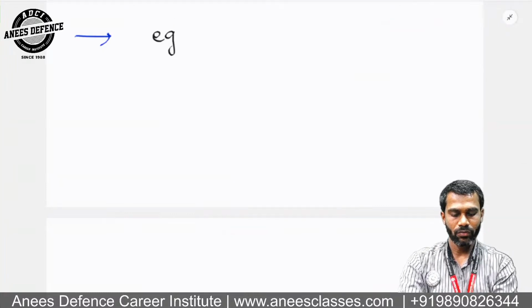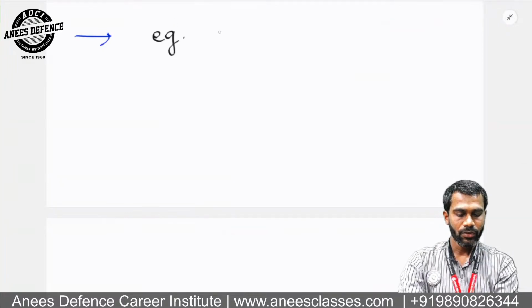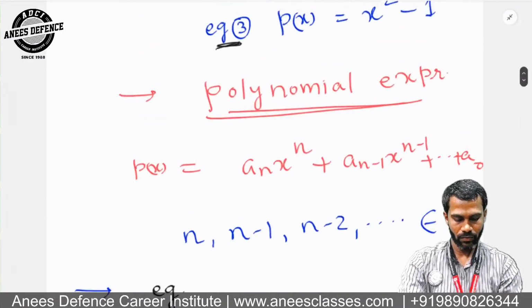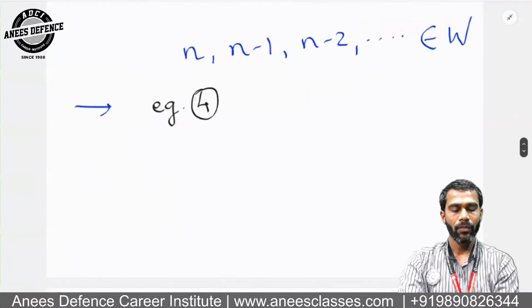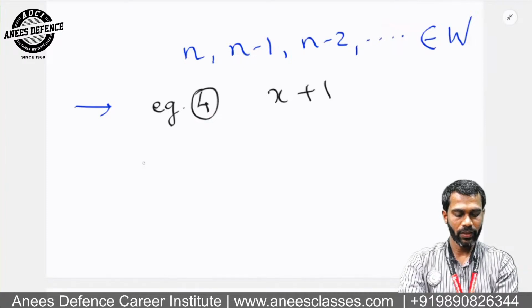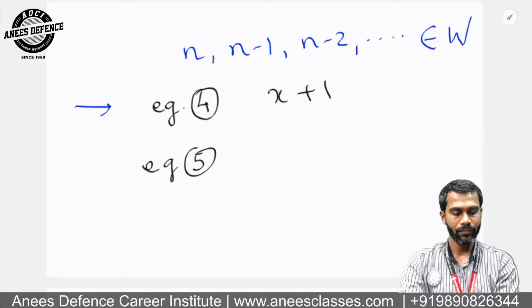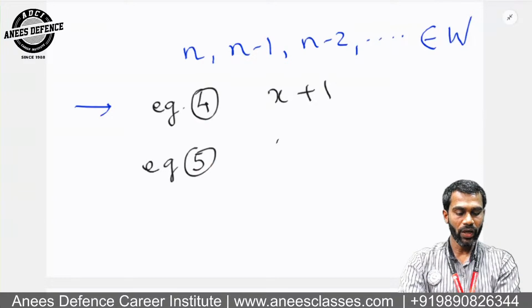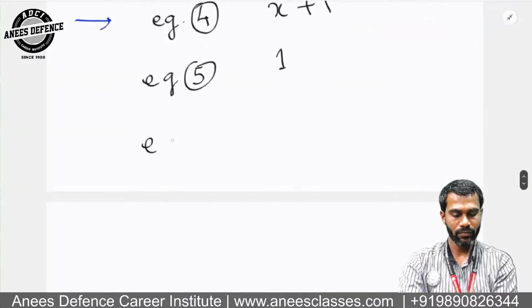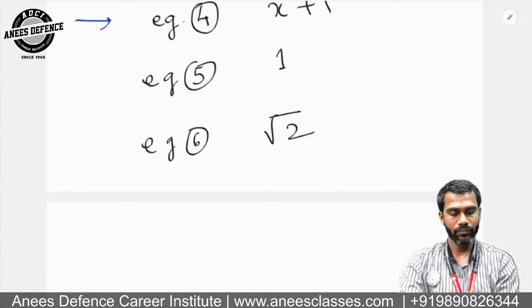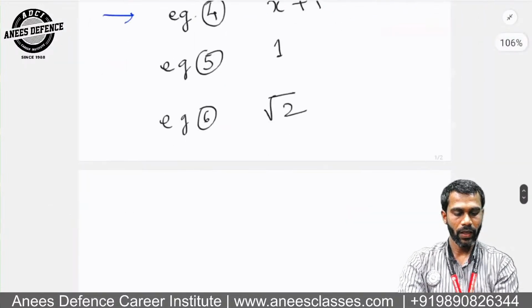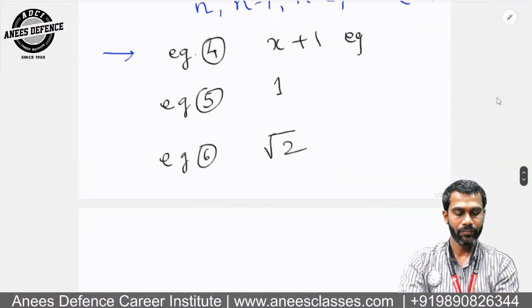Okay. So next example. Example number, let's say 4. Okay. x plus 1. Example number 5. Only 1. Example number 6. Root 2. Example number 7. 0.